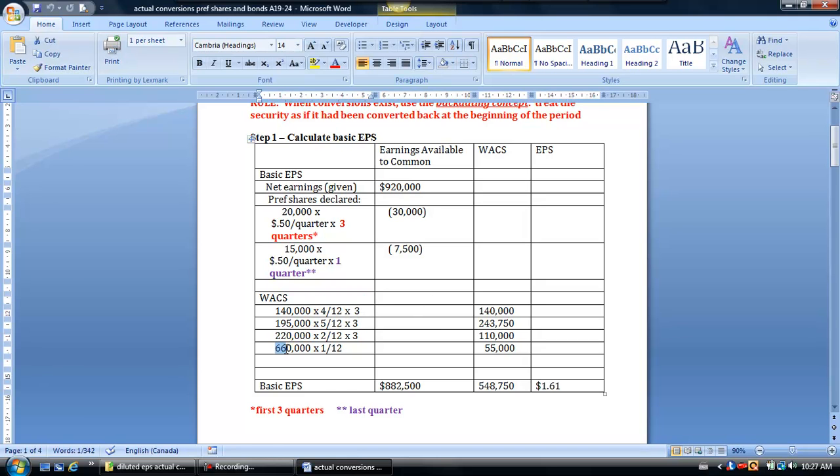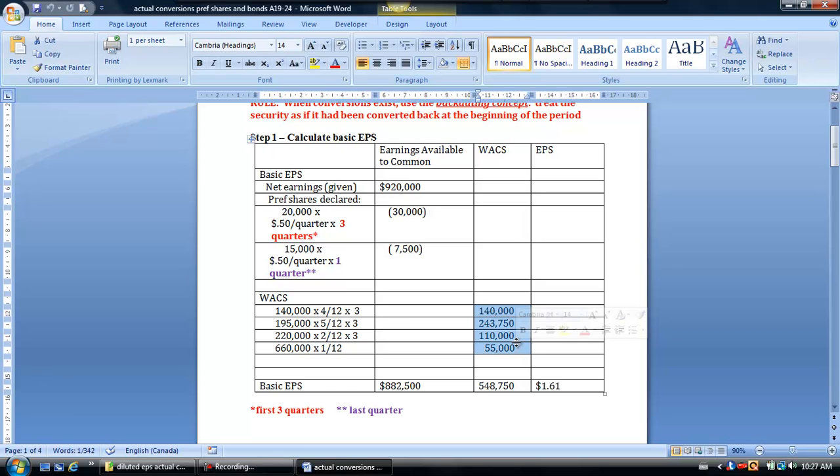But don't forget, we had a 3-for-1 split on December the 1st, so we're only counting October and November here. And these don't have the split in them, so we multiply those by 3. For the last month of December, this includes the split, so we're not going to multiply it by 3 and double count it.